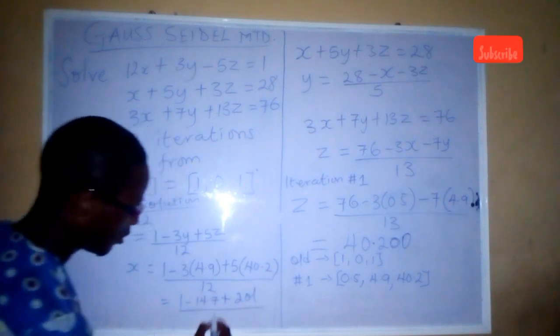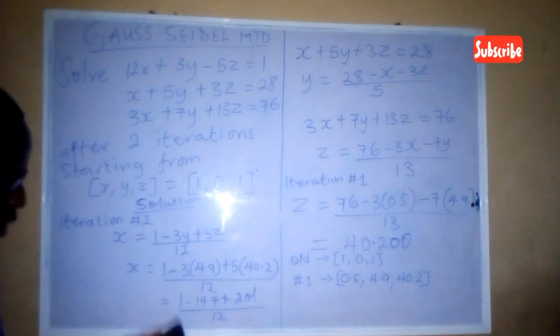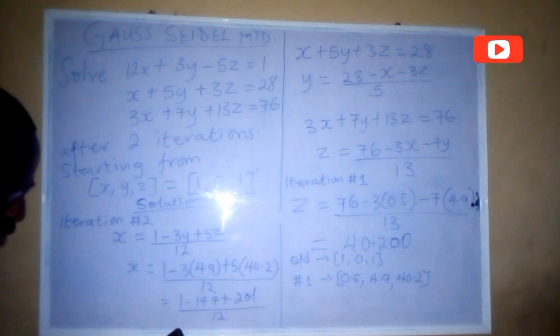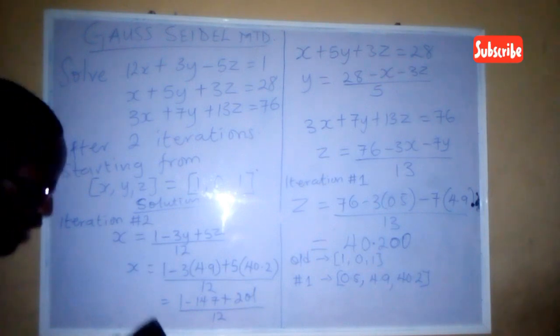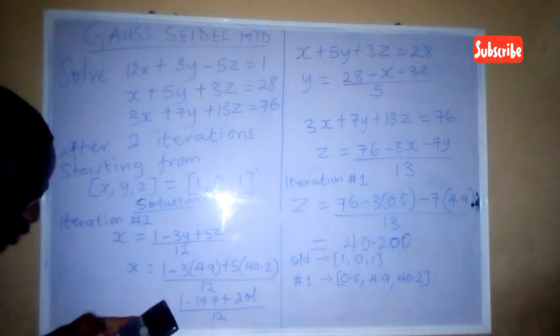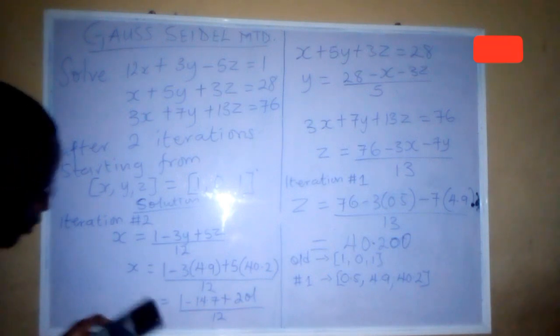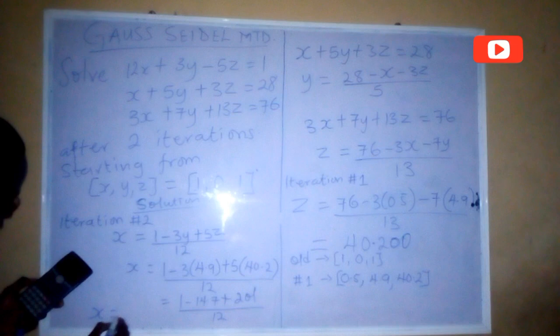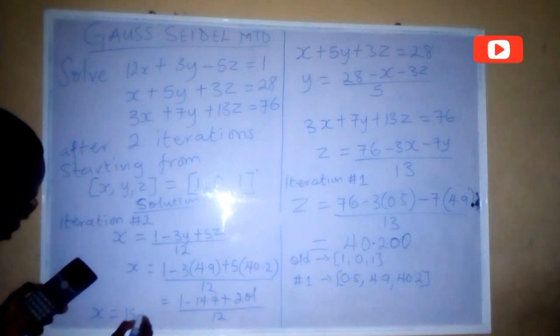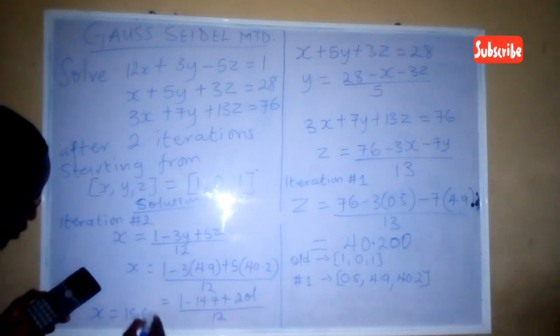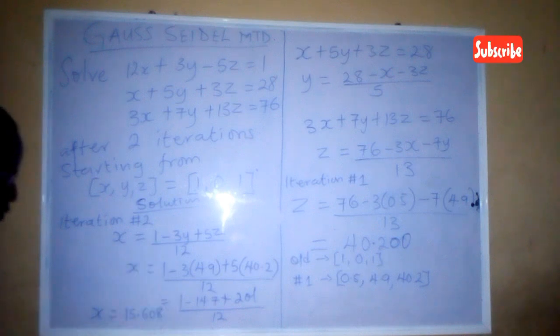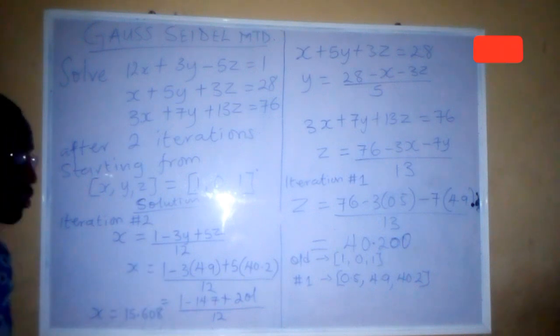By evaluating all together, we have 1 minus 14.7 all plus 201. So I have 187, all divided by 12. So the value of x here is 15.608 in 3 decimal places for the second iteration.